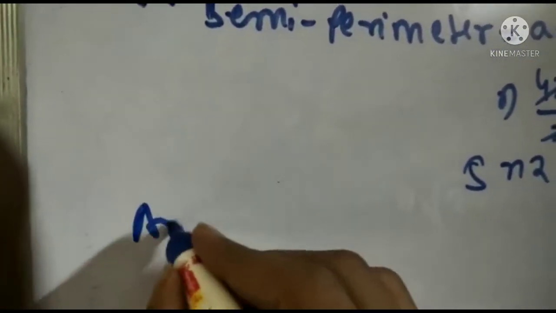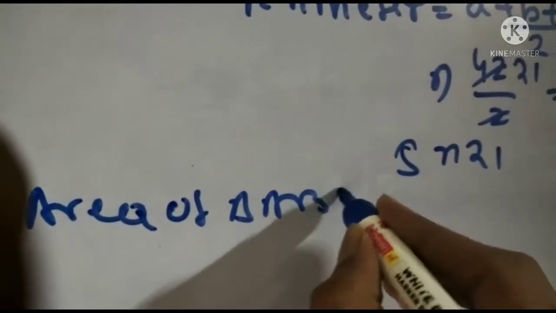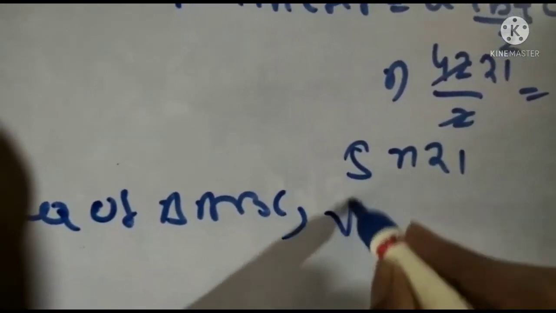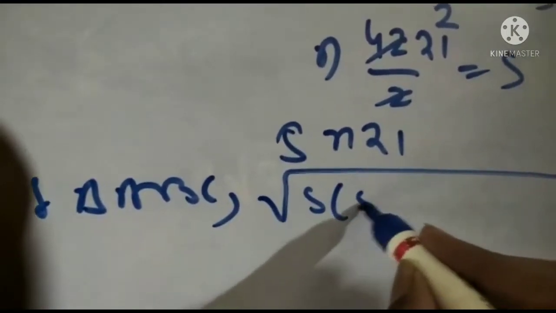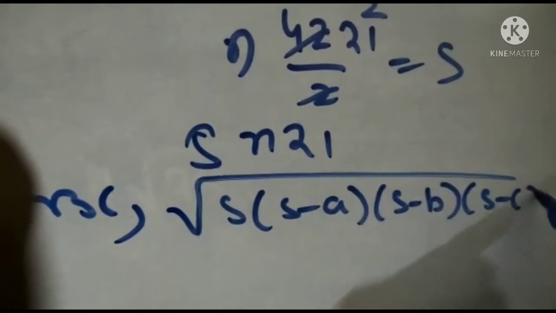Now the area of triangle ABC equals the square root of s times s minus a times s minus b times s minus c.